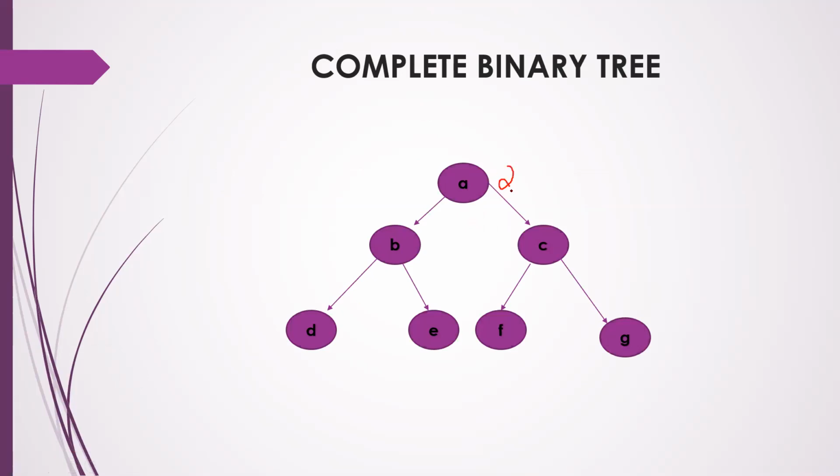B has 2 children, which are D and E. C has 2 children, which are F and G. D, E, F, and G have no children, these are leaf nodes. But all the parent nodes, if you see, are complete, right? You have 2 everywhere. Since the degree is complete, we don't have any spaces left.